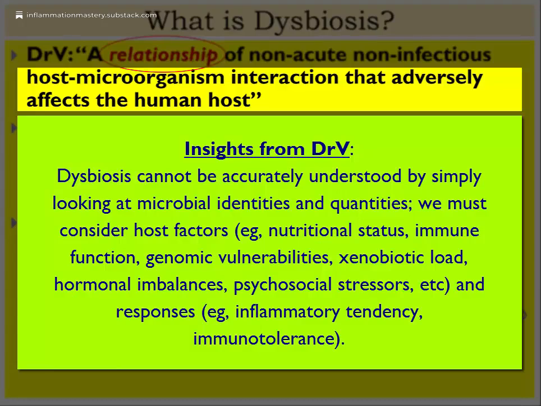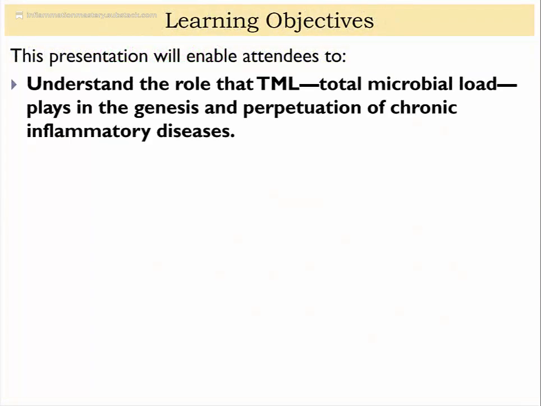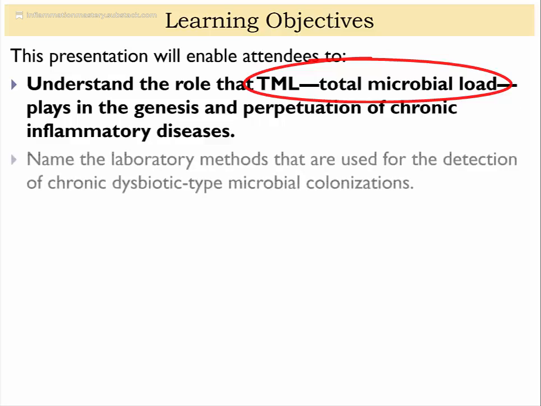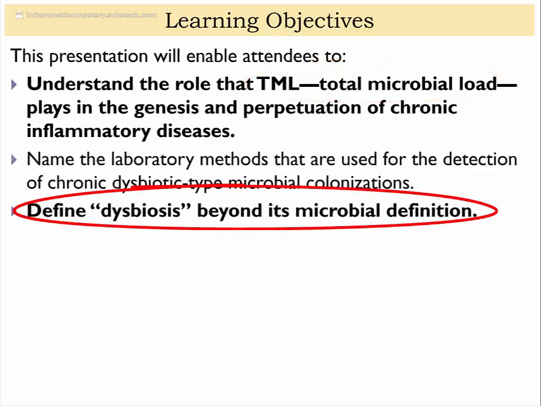And that helps us have a more broad definition of dysbiosis, and that gives us more opportunities to intervene clinically. We want to understand the role that the total microbial load plays in the genesis and perpetuation of sustained inflammatory responses, and we want to be able to define dysbiosis beyond its microbial definition.